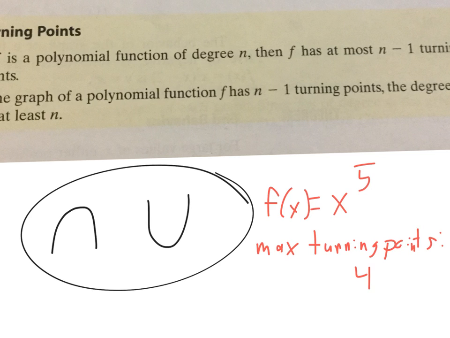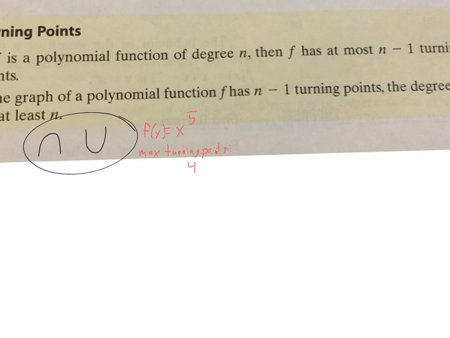It's always one less than the degree. Now, x to the 5th can have less than 4, but it cannot have more than 4. That's the maximum number of turning points that can exist.